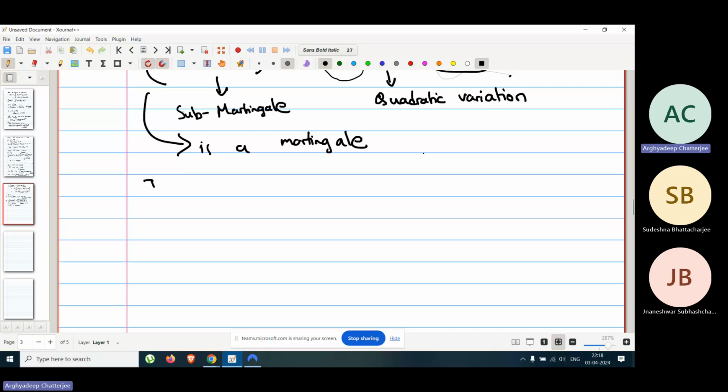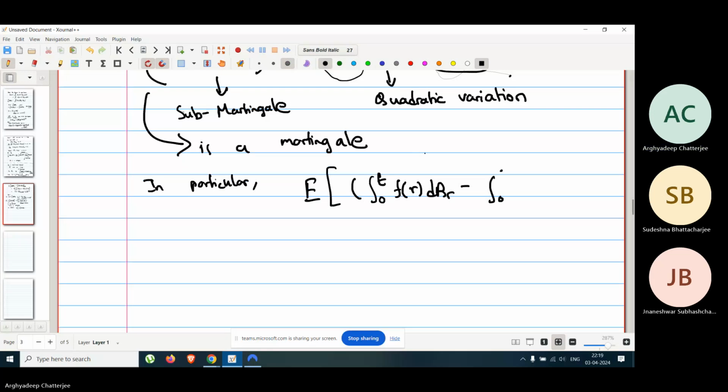And in particular, we have the expectation of the integral from 0 to t of f of r dvr minus the integral from 0 to s of f of r dvr, whole square, given the sigma algebra Fs.